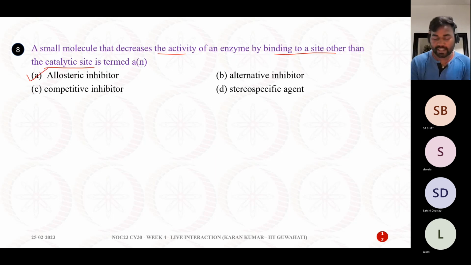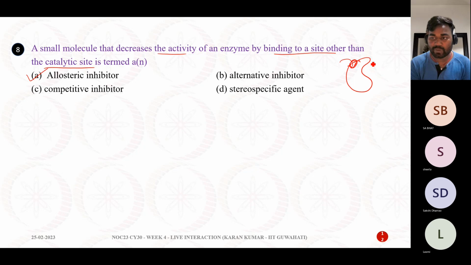Allosteric inhibition is that kind of inhibition where the inhibitor does not bind directly to the catalytic site, but binds to another site, because in the enzyme there are multiple cavities. If a compound binds to another site which is not the catalytic site, it changes the shape of the catalytic site, because there will be an interaction at this site which may put a constraint on this cavity.